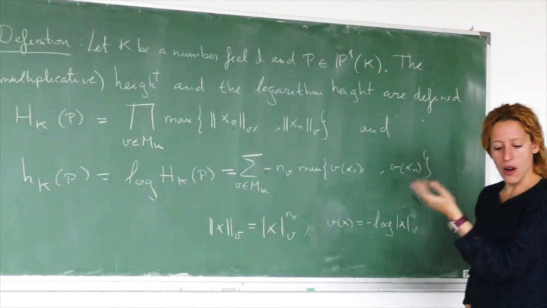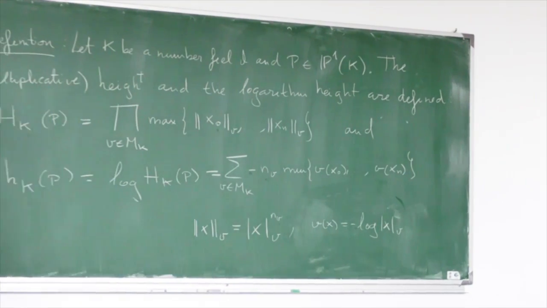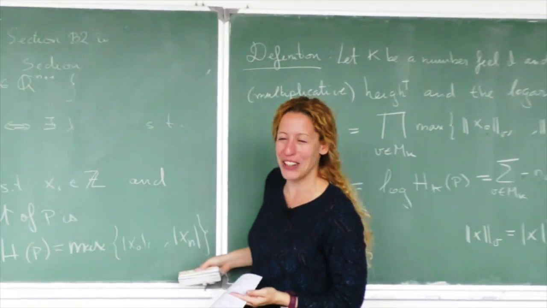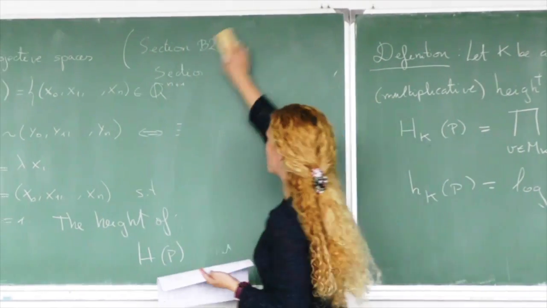Let's look closer now at some properties of this object that we have just defined, and why this agrees with the thing that I wrote here. We'll see that in the special case in which the field K is the rationals.